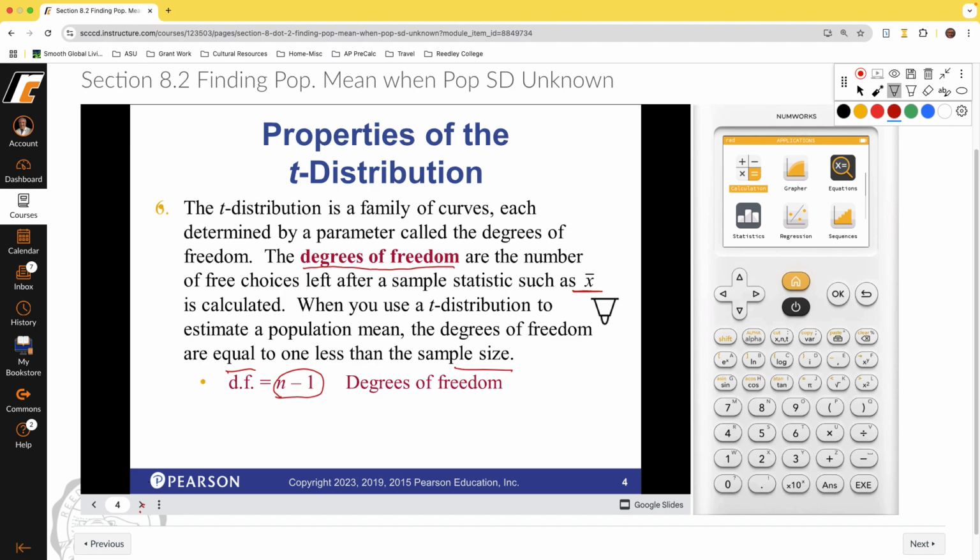So if we had 20, we use up 1, we'd have 19 left to sort of be free. So that's what the degrees of freedom are. We had 20 in our sample, subtract 1 from that, we would have 19 degrees of freedom. It's always just 1. Again, the calculator will take care of this when we're doing our calculations, but we just want you to be aware of that.